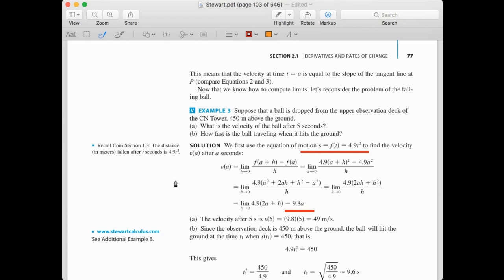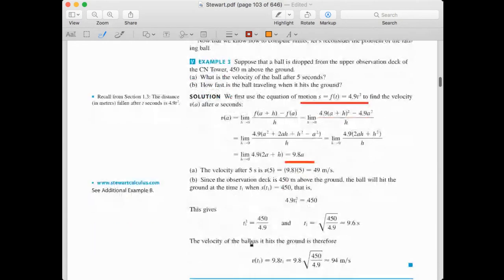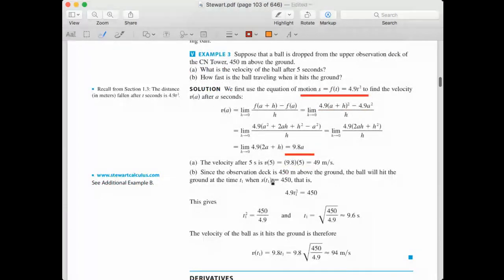Okay, B, how fast is the ball traveling when it hits the ground? So we want to find the V, but the height now is 0. Since the observation deck is 450 meters above the ground, the ball will hit the ground at time t1, which means s of t1, or f of t1, equals 450. Set the function equal to 450. So that's our function, 4.9t squared equals 450.